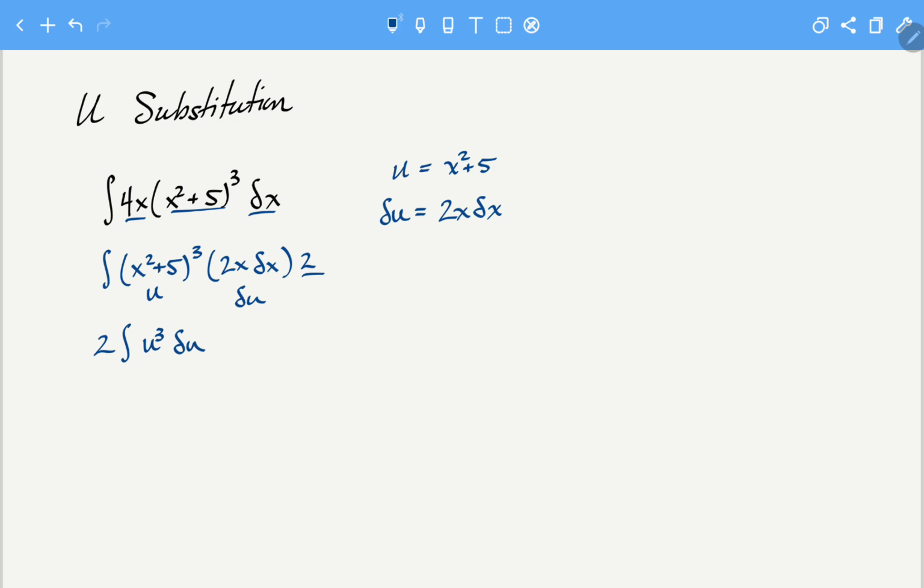When we integrate that, we get 2 times u to the fourth over 4. Obviously a constant is going to show up, which matters in calculus, but in physics we rarely use them. I can also reduce this to become a 2, but now I'm just going to do replacement.